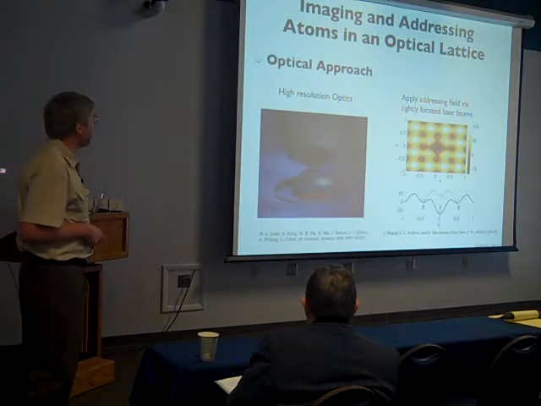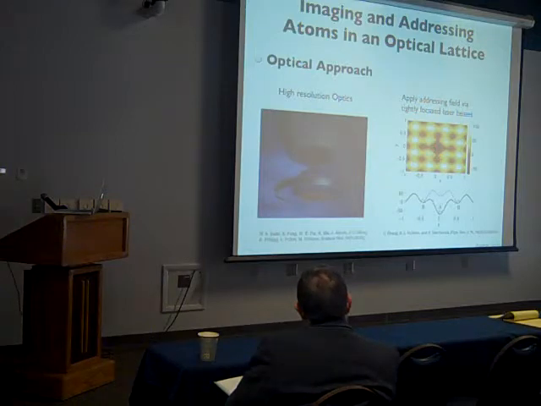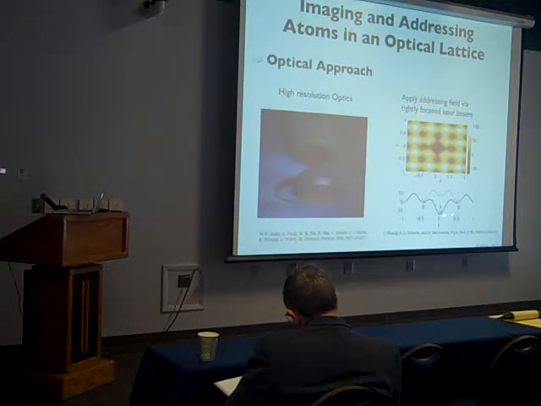So, we have the optical approach, Marcus Greiner's beautiful quantum gas microscope, which you can combine with the idea that if you send a laser beam in through this microscope and focus it on one of these atoms in the lattice, which is this egg-crate pattern, and you choose the polarization of that laser beam correctly, you can cause a relative frequency shift of the two qubit states just for that atom.